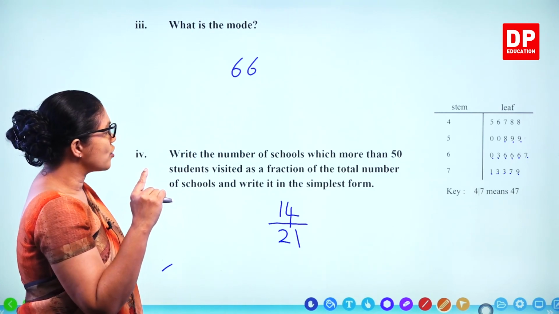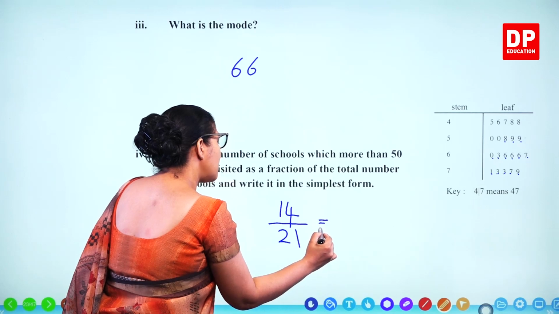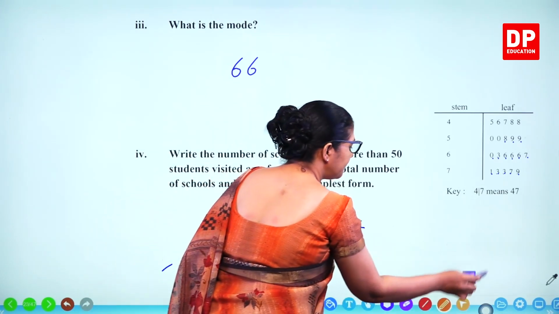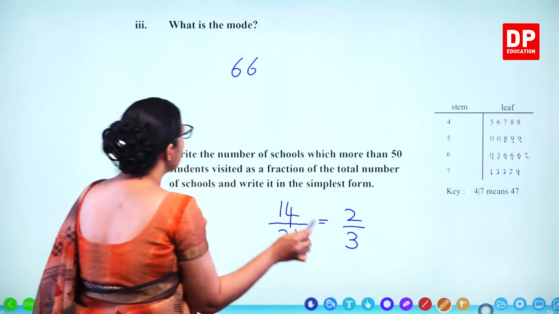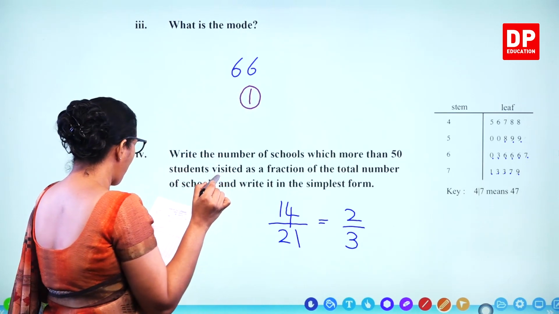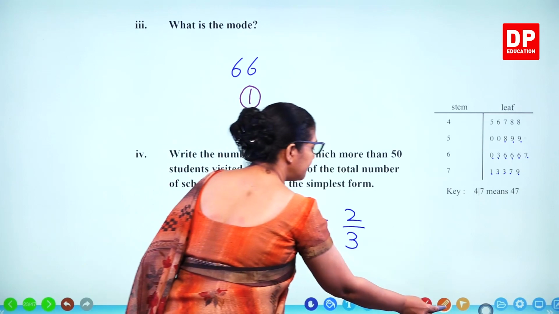So the fraction is 14 over 21. We can simplify, divide by 7, 2 and 3, 2/3. How many marks? 1 mark for 66 and 2 marks for 2/3.